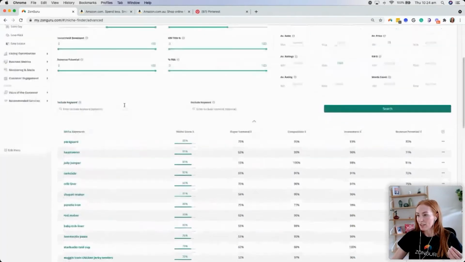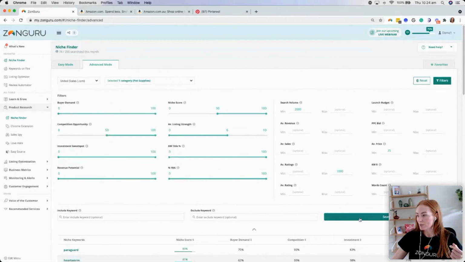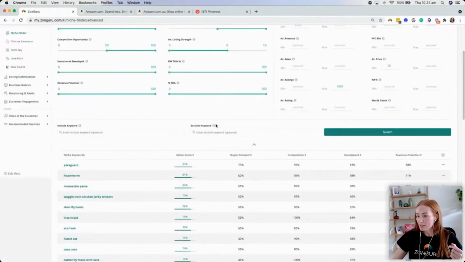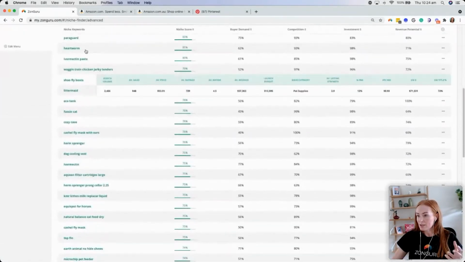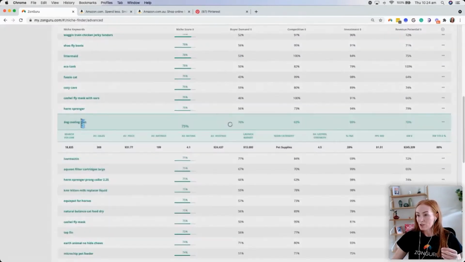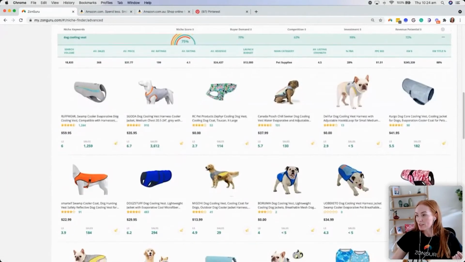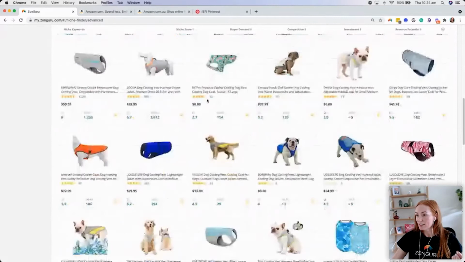Let's have a look. I really like the animal niche. So maybe I'll take these out and just focus on pet supplies and see what comes up. So as expected, we've got lots of food related things, but a dog cooling vest, that's quite cool. And you can see some different options here.